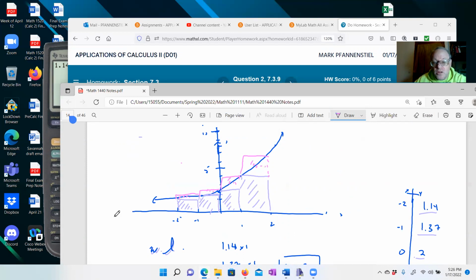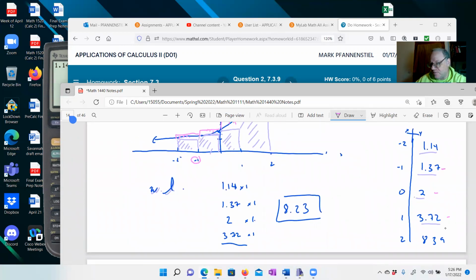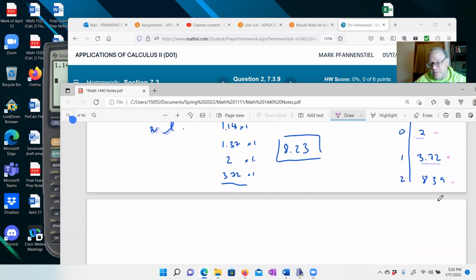The pink rectangle starts at a height of 1.37, the next one has a height of 2, the next one a height of 3.72, and the one after that a height of 8.39. So we're going to go ahead and add those up.